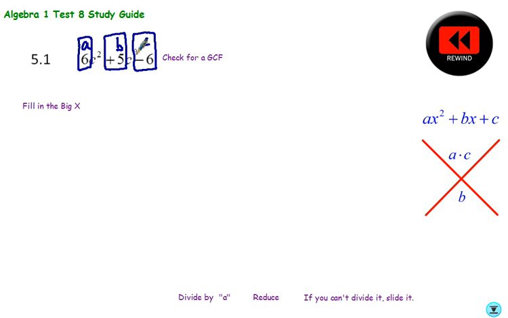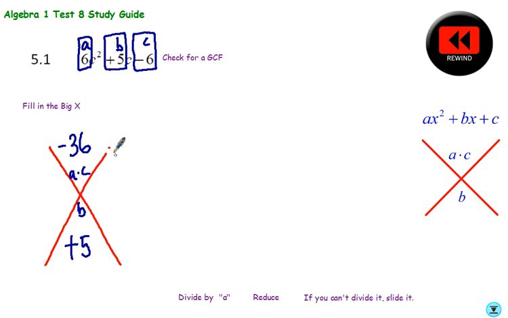I just want you to see that there are a couple different ways you can label these things. There's not just one right way to do it. Sometimes I just mix it up for fun, or as much fun as this can be. All right, A times C, so 6 times -6, which would be -36. And your B, which would be a +5.